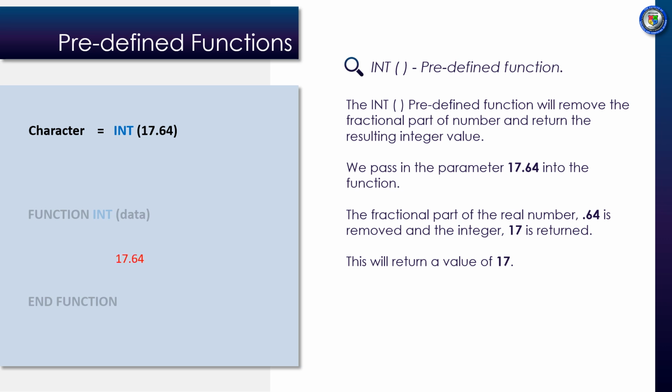Once passed into the function, the code is executed and the 0.64 is removed and the integer 17 is returned. It is then passed to the expression and of course assigned to the variable character.